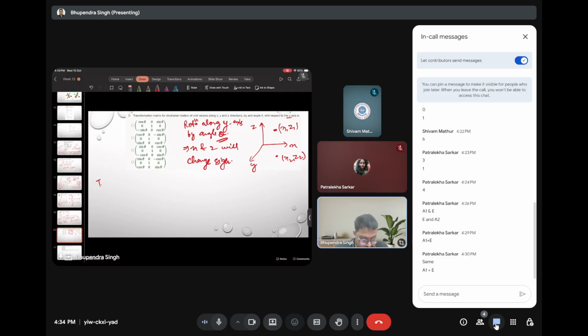Do you remember these trigonometric identities? Cos of theta minus alpha equals cos theta cos alpha plus sin theta sin alpha, and sin of theta minus alpha equals sin theta cos alpha minus cos theta sin alpha.